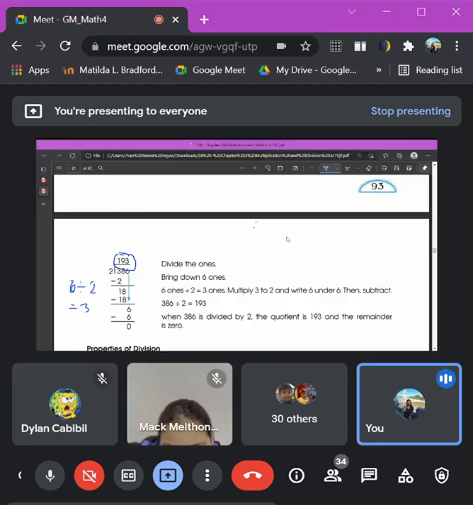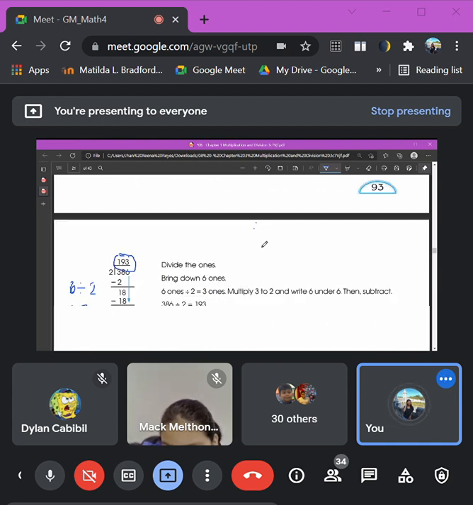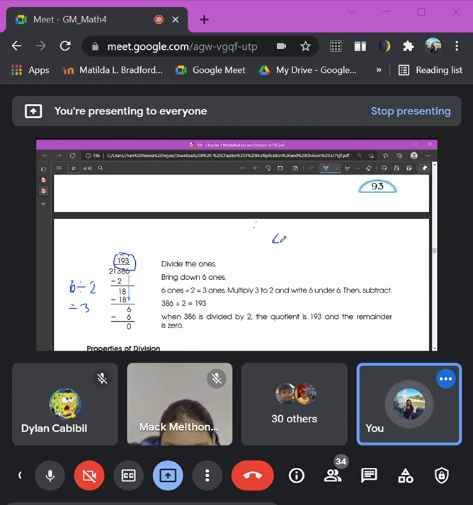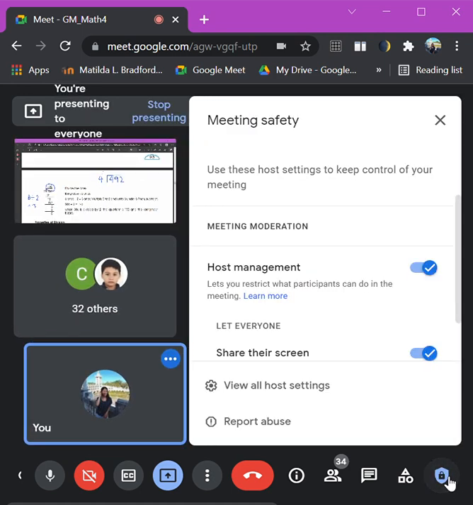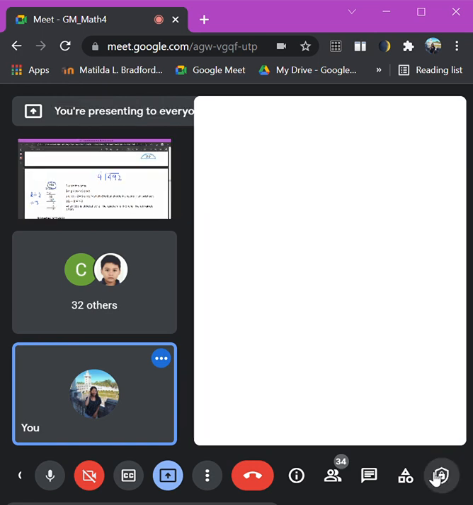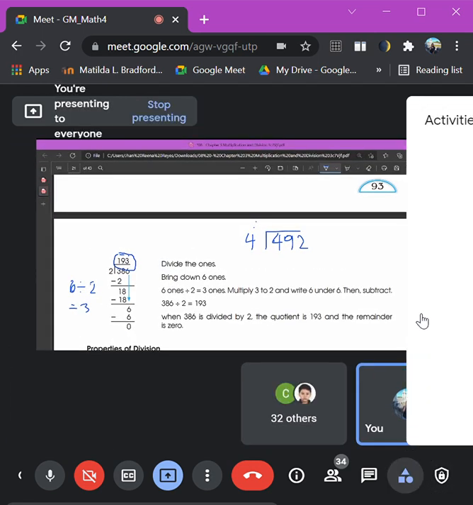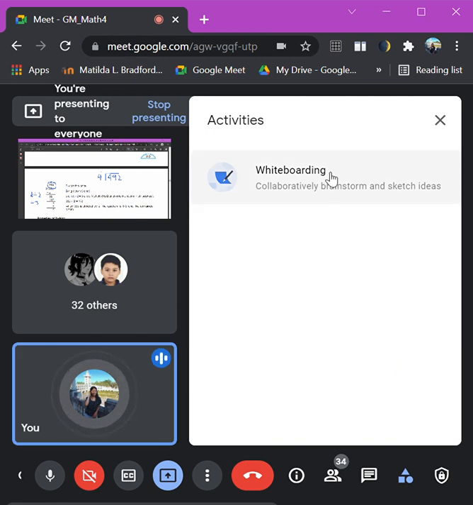Okay. I will give another example, and I want you to answer this one, which is 492 divided by 4. Try to answer it, class. It is on the screen, 492 divided by 4.